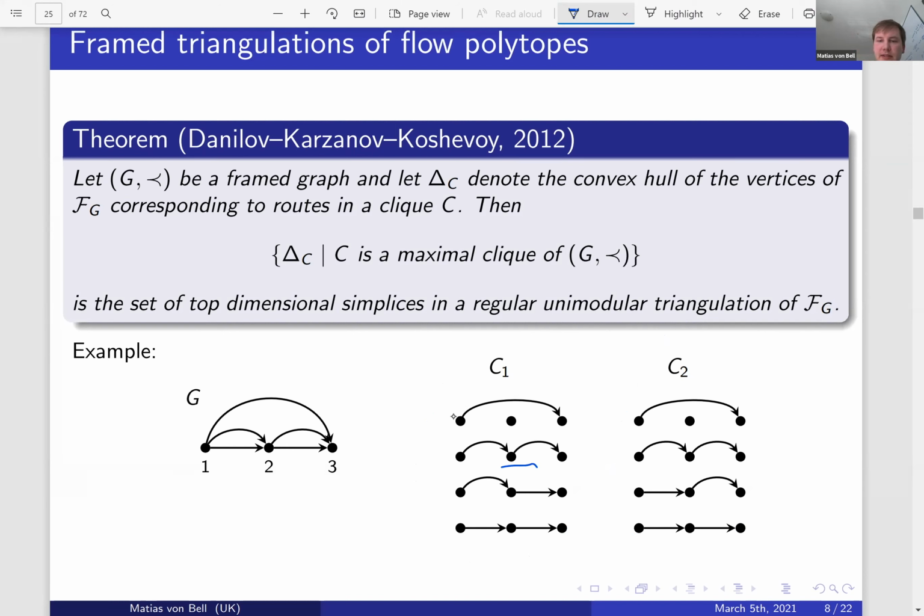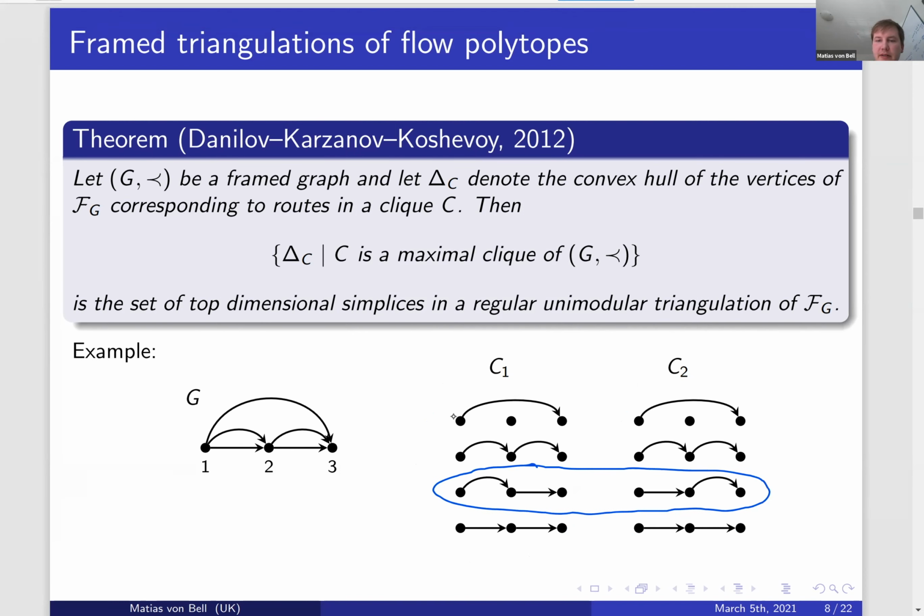You can notice that they're all the same except for this pair differs. That's because these two routes are incoherent. You could see that they would cross each other if we put them both in here under this framing that's induced by this embedding from top to bottom.